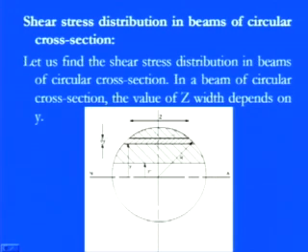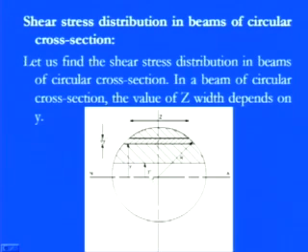This is the circular cross section with radius capital R. We take a strip of height dy at a distance y from the neutral axis, and the segment we are concerned with is at distance y1.